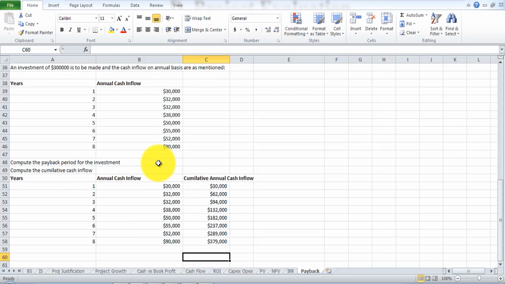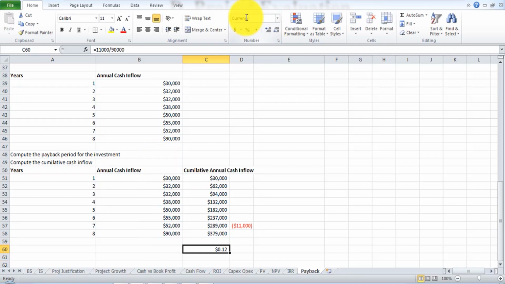And to be precise, what is the payback period? You need $11,000 more in the 8th year out of its receipt of $90,000. So that's going to be $11,000 divided by $90,000, which is about 0.12 of a year.